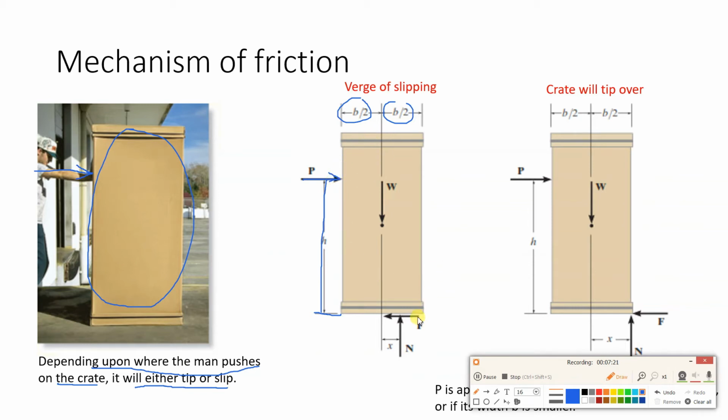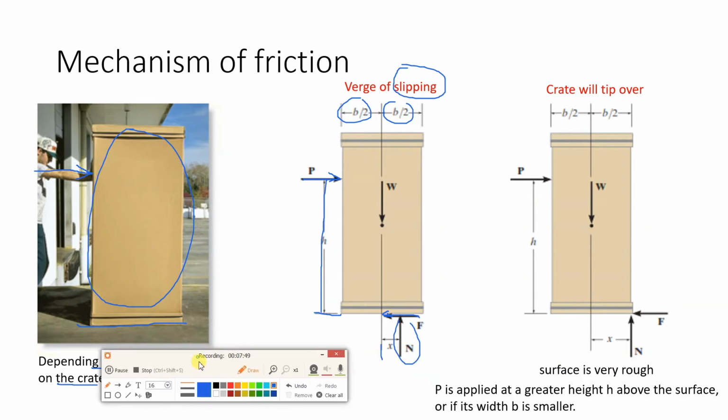That is why there is friction force at the contacting surface. What is the contacting surface? The crate is in contact with the ground. At that contacting surface, there will be friction force opposite to the direction of motion, and there will be a normal reaction. When we consider slipping, the friction force acts over here, and the normal reaction will act over here.